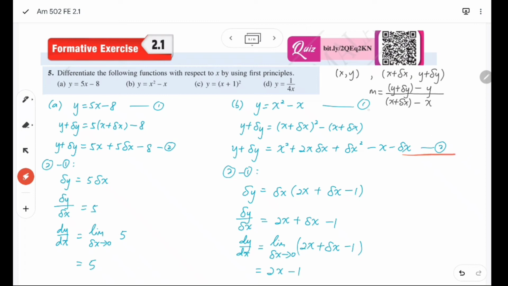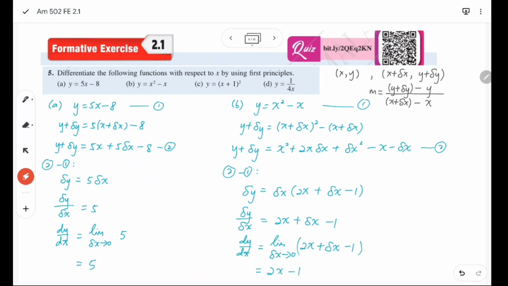Then the second equation minus the first equation, we get y minus y, del y, nothing, right? So we get only del y on the left. x squared minus x squared, 2x del x plus del x squared, then minus x minus minus x, negative del x.